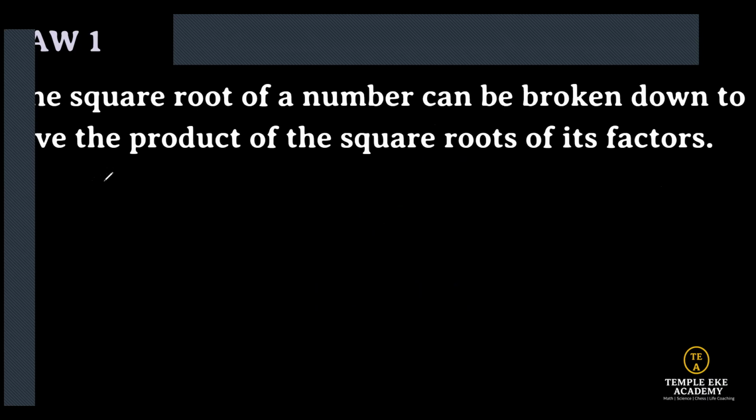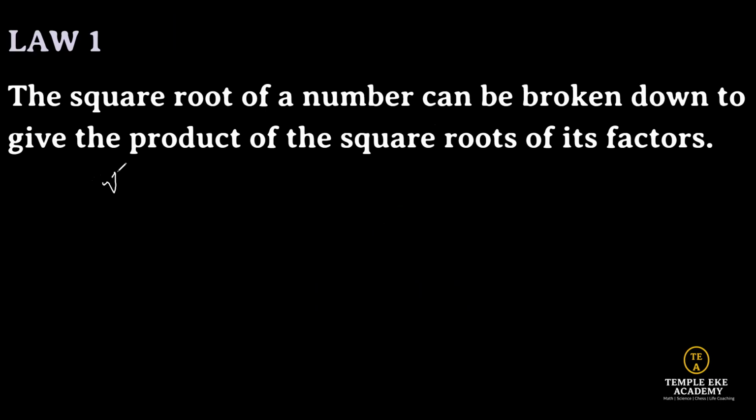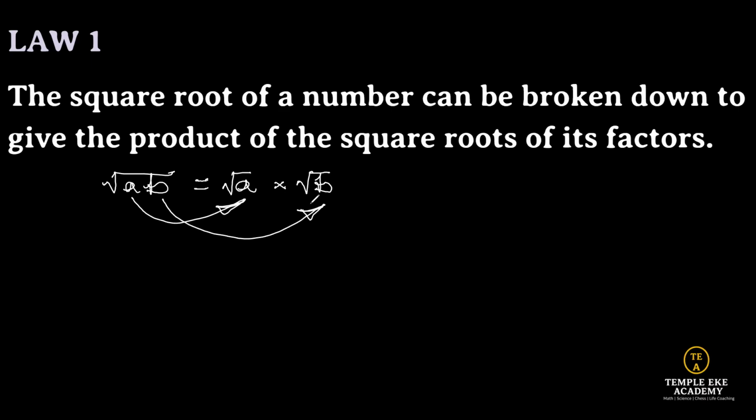What this means is you have the product AB, for example. The law of surds says we can break this down into the square root of A multiplied by the square root of B. So each factor is represented, A with the square root on it, and B with the square root covering it.